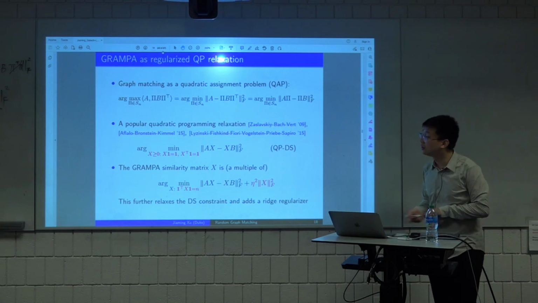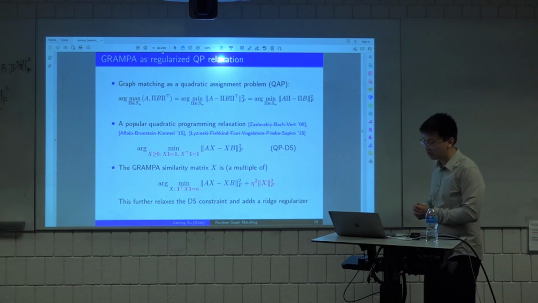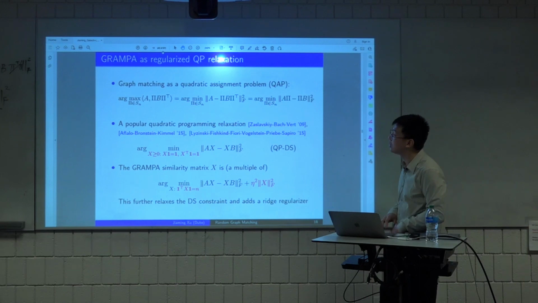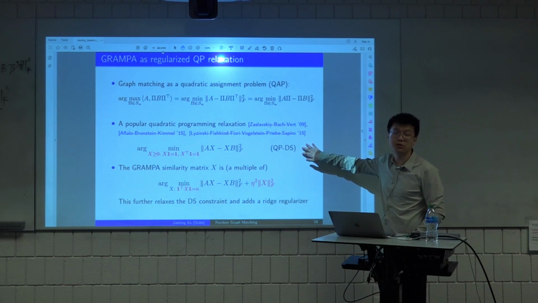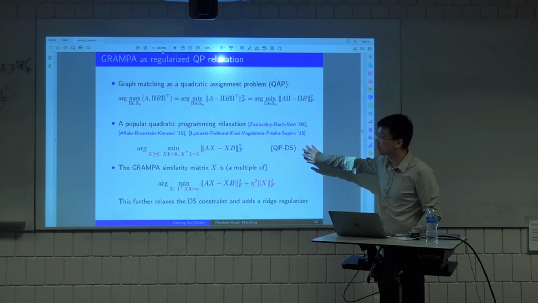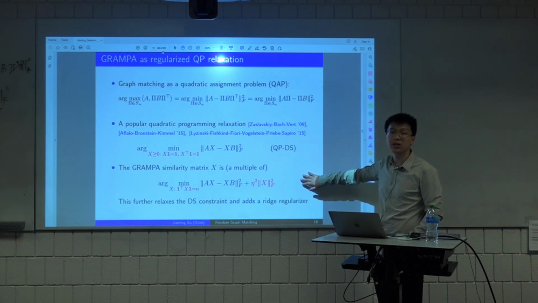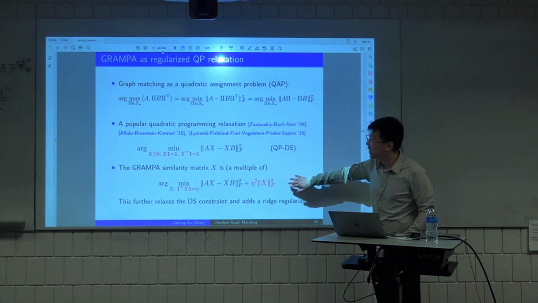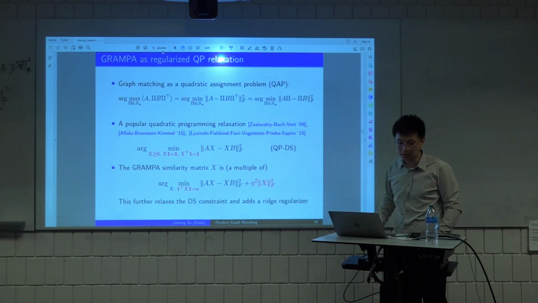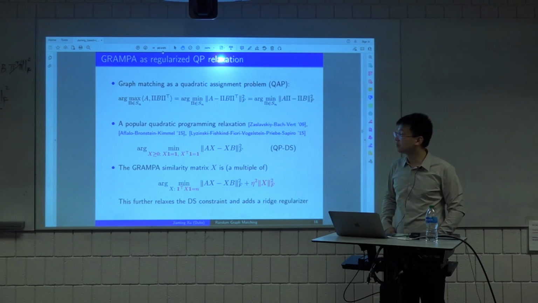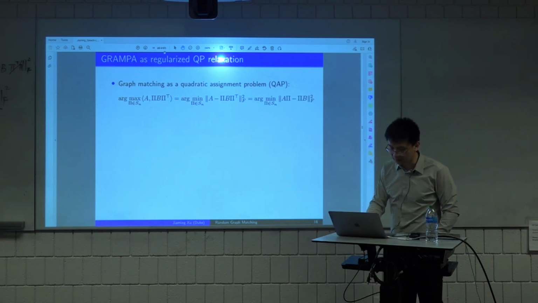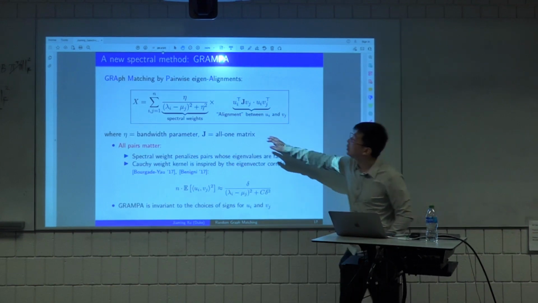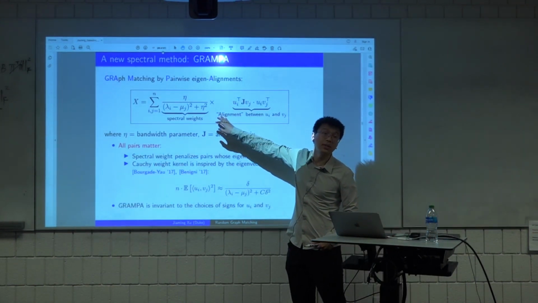What's the intuition for the regularization? Yes, so I think the intuition is that if you look at this one, you don't have this ridge regularizer in the objective. But if you relax the constraint, you somehow want to add this to make this method more robust to the noise. It's a little bit difficult to see from this form, but if you go back, this eta is the bandwidth, so the same eta.